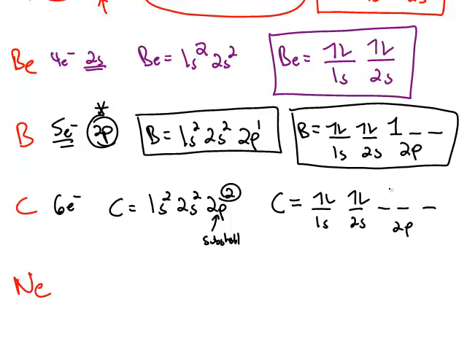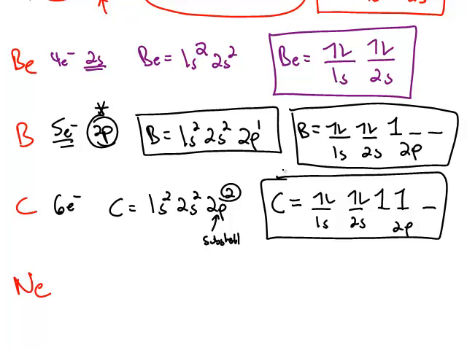In the 2p subshell, we had 1 electron for boron. Now we need to apply Hund's rule. The second electron into the degenerate 2p subshell, which has 3 degenerate orbitals, has to go into its own orbital rather than pairing up. So this is the orbital diagram for carbon.